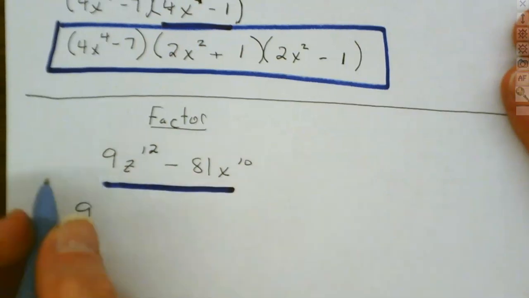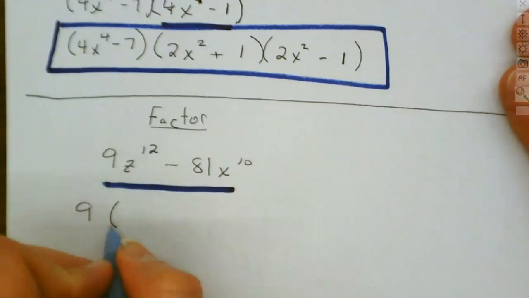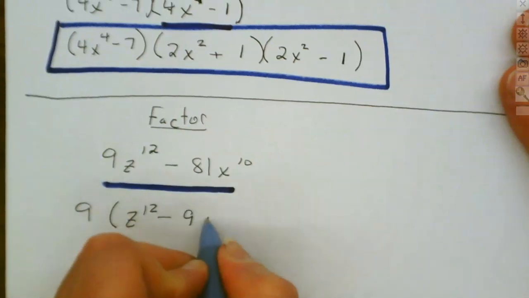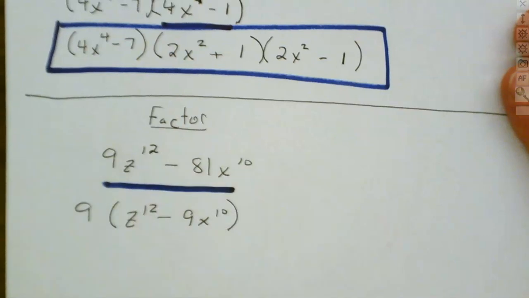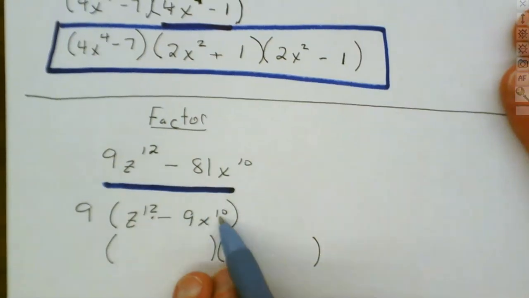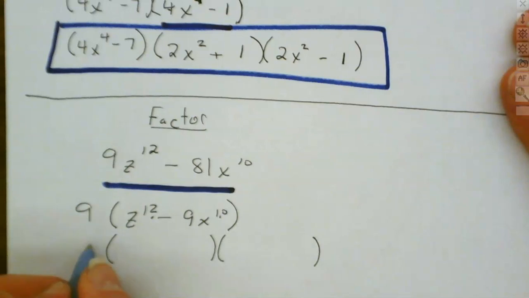And so if I take a 9 out of there, that leaves you with z to the 12th minus 9 x to the 10th. And now we know we can go again because 12 is divisible by 2 for our powers, and 10 is also divisible by 2. And we know that 9 is a perfect square again of 3.